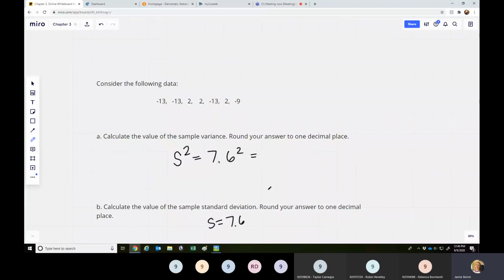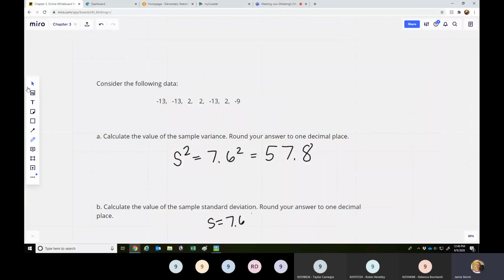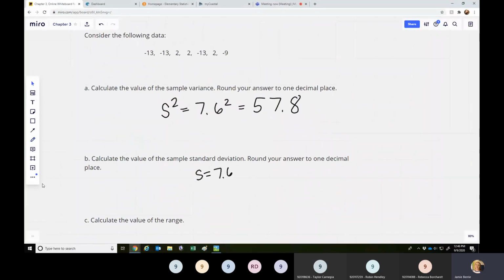Again, the variance will always be larger than the standard deviation because the variance is where you take the standard deviation and multiply it by itself. 7.6 squared means 7.6 times 7.6.